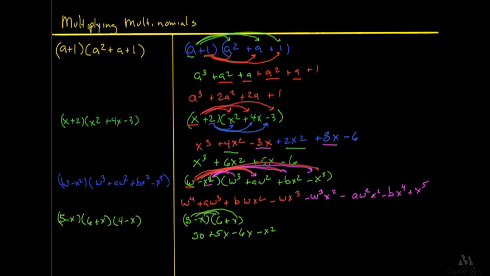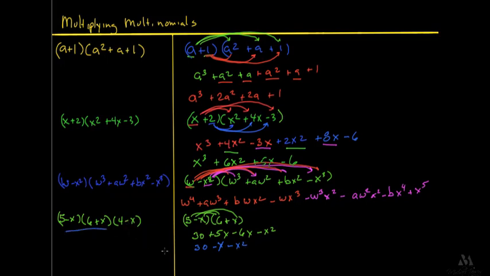Let's combine our like terms. And we get 30 plus, so 5x minus 6x is going to give us negative 1x, or just negative x, minus x squared.